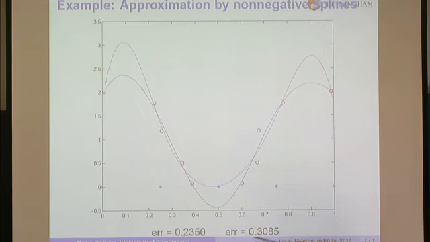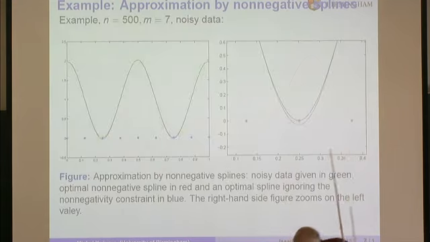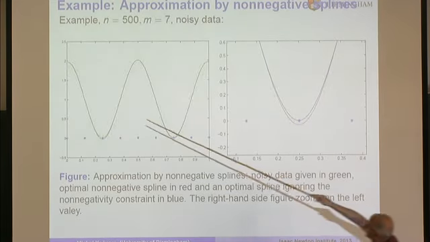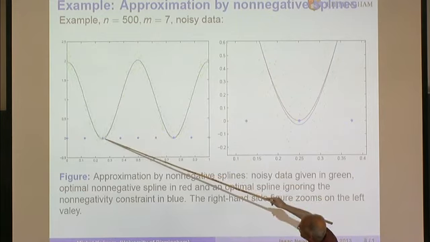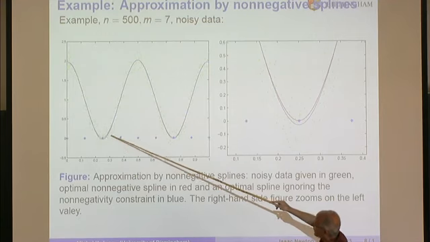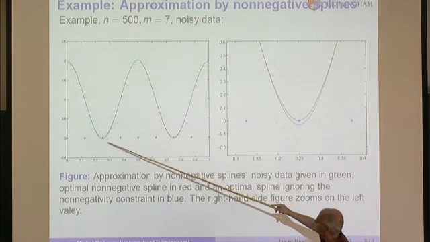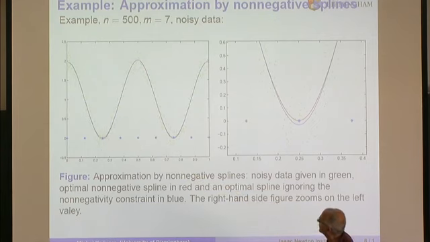Of course, the interpolation error or approximation error is worse now because we have this additional constraint. And here's one more example, a bigger example with many more nodes. And again, the blue one is the spline without the non-negativity constraint, and red is the spline with.